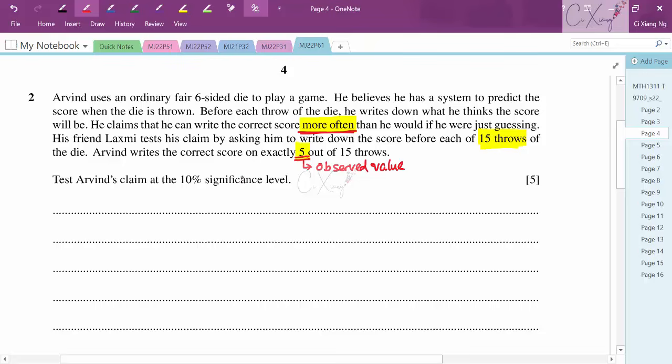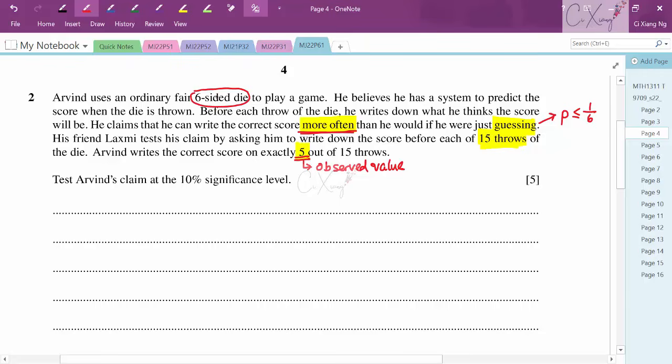All right, so to carry out this test, generally we are having the number of trials here, and after that, they are talking about the fair 6-sided die. If we are just guessing, trying to guess the probability of getting a certain number right from the die, generally, when you are guessing, the probability will be smaller or equal to 1 over 6 only, because you're having a six-sided die.